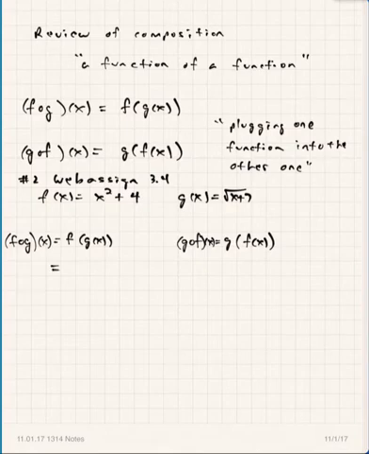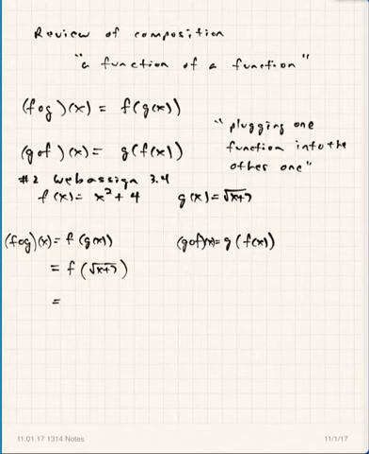All right, so in the first one, f of g of x, the g of x, that inside function, is the one you start with. And so you have f of the square root of x plus 7. What are we doing? We're taking the square root of x plus 7 function and substituting it into the x squared plus 4 function.